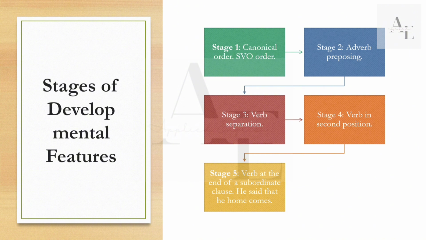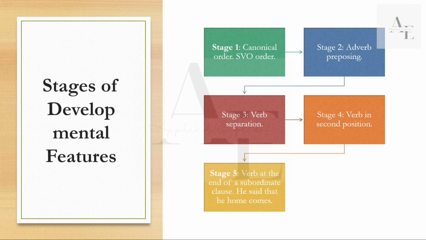Then we have stage 2, adverb preposing. It's something German learners can do after learning the structure of the sentence: they can take the adverb and put it at an earlier position. Then we have verb separation, moving the verb in the sentence, and then verb in second position.